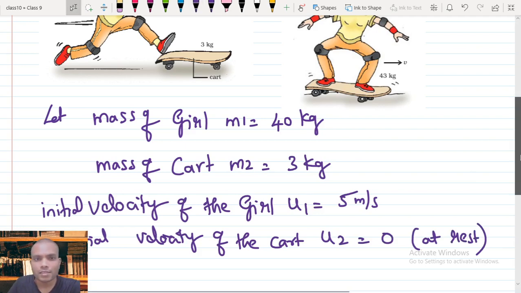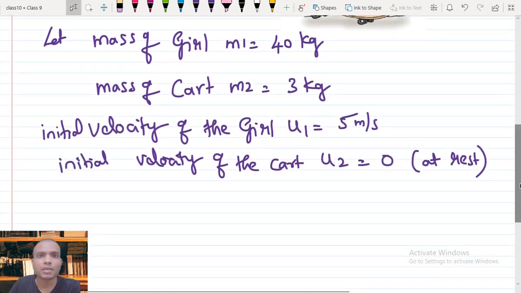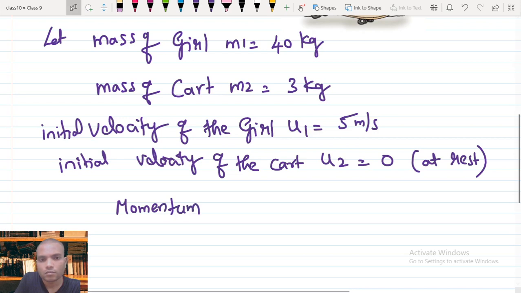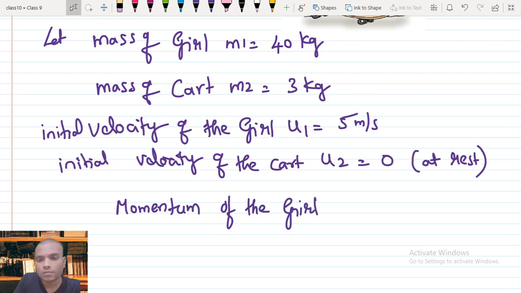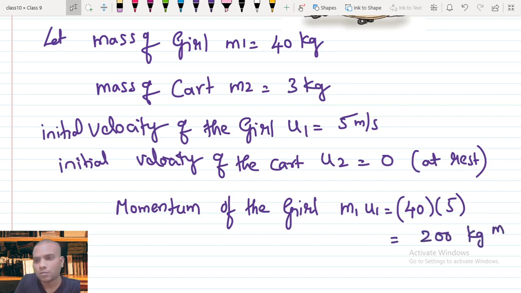Now we need to calculate the momentum of the girl. Momentum of the girl, I can write m1 u1, which equals 40 times 5, which equals 200 kg meter per second.